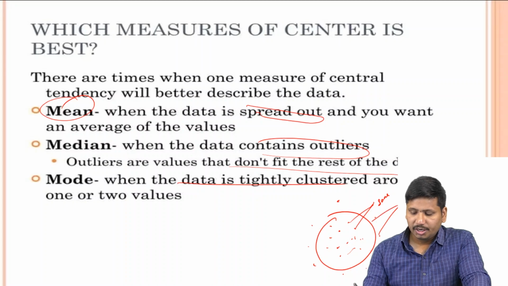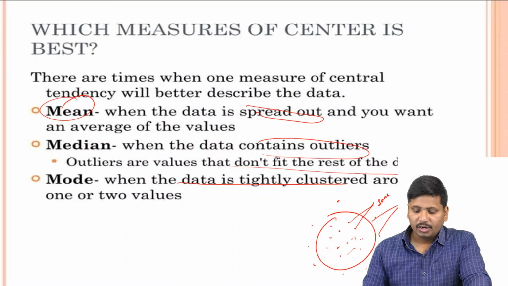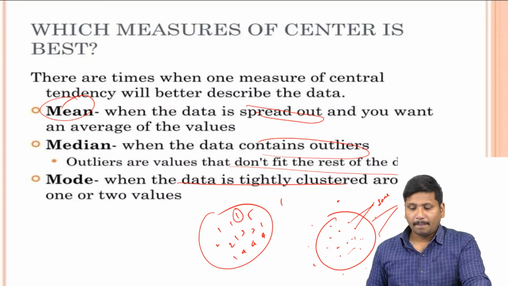Those should be treated as outliers; they do not have any relationship with the rest. So that should be treated as the median. And mode means whenever the cluster is there, the value that occurs more frequently. So what is the most occurring element? 1. So 1 should be the mode of the series.